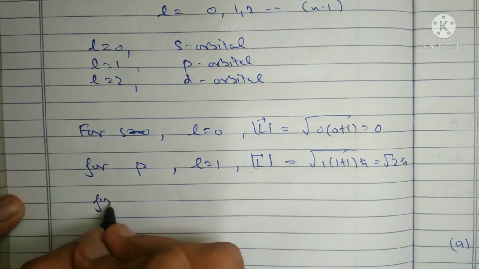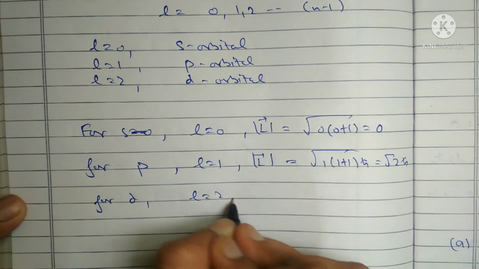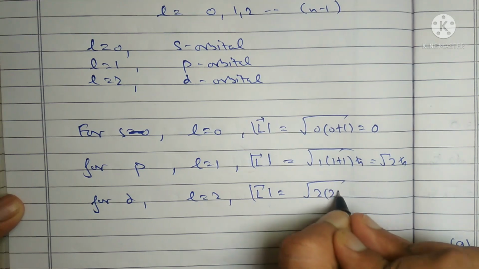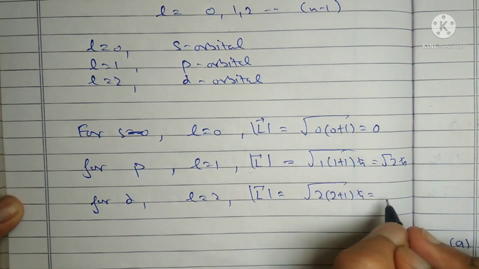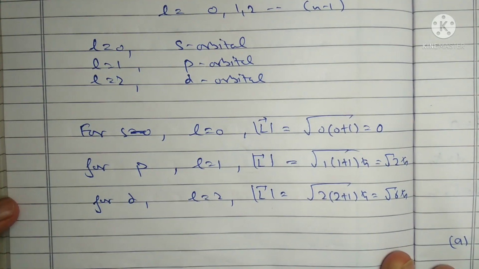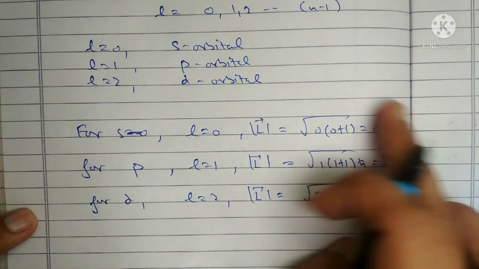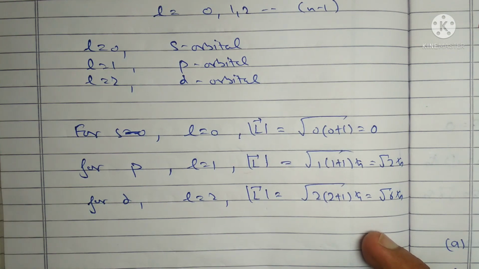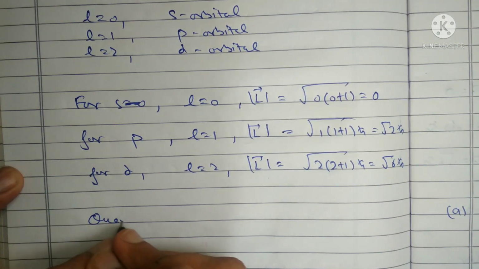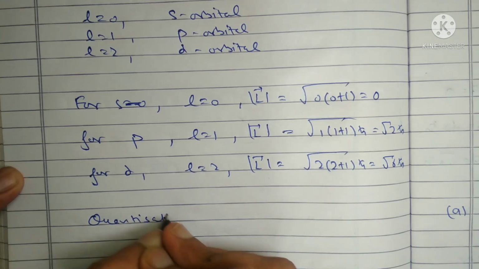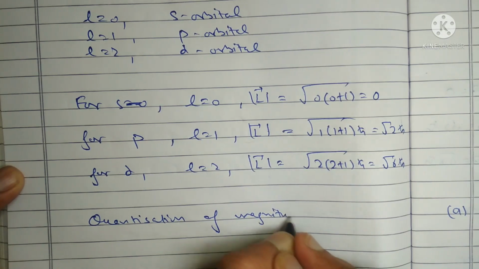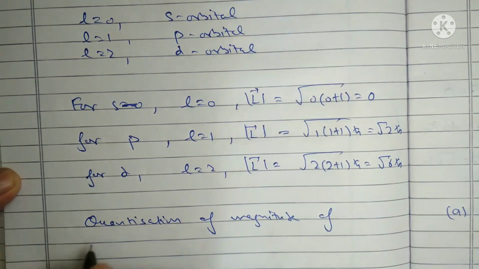And for d, l is equal to 2, angular momentum is given as root 2 times 2 plus 1 h cross, that is root 6 h cross. So the angular momentum is restricted to these values. Okay, so we can say that this is the quantization of the magnitude of angular momentum.